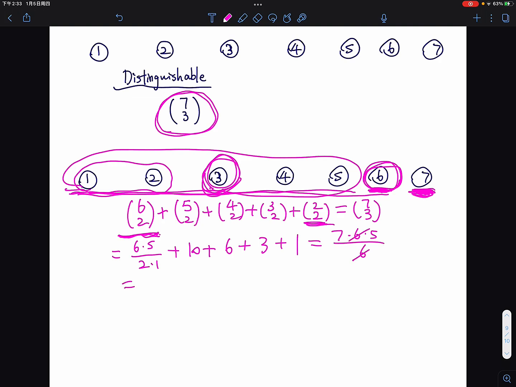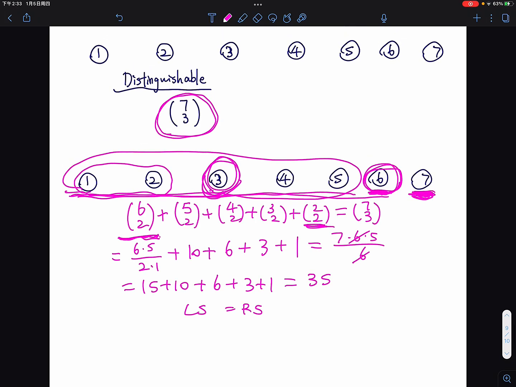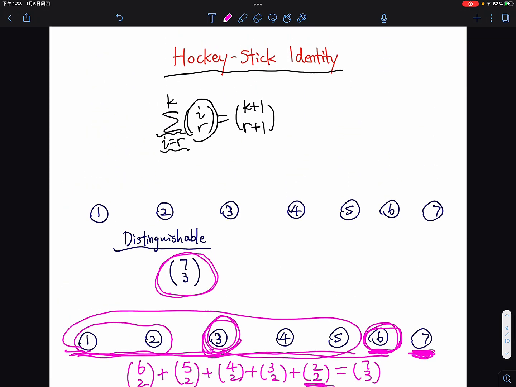So it will be 15 plus 10 plus 6 plus 3 plus 1. And that is 35. Yes, exactly. Left side equals the right side. That is mathematically correct. So here is how I use this example to prove the hockey stick identity.